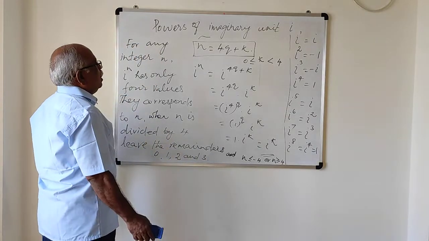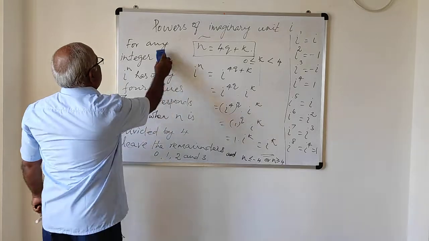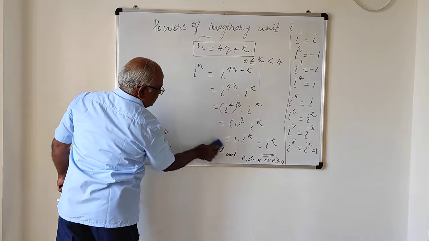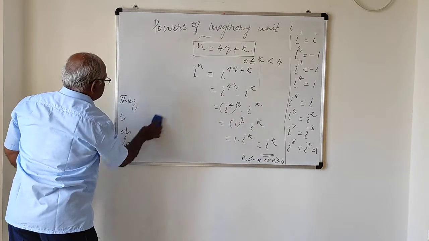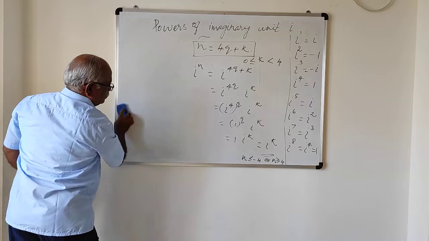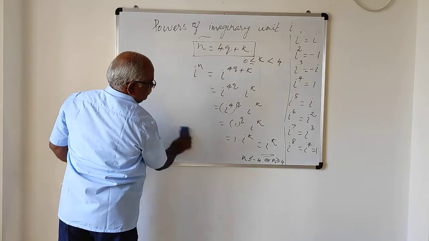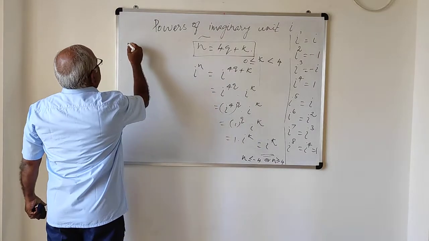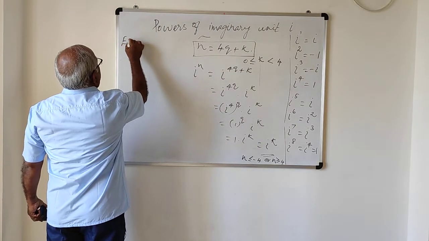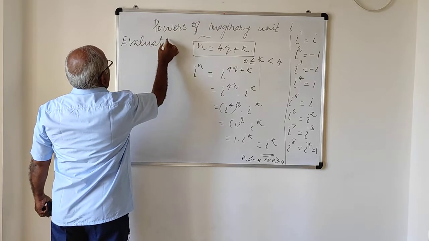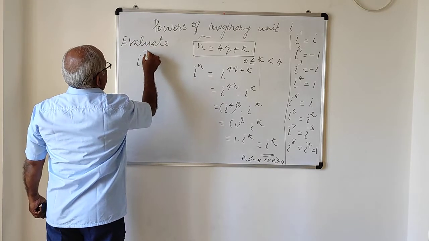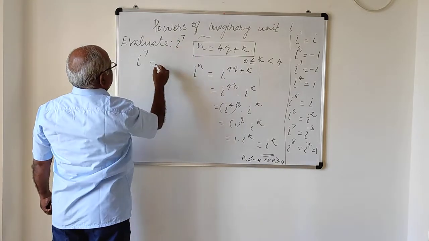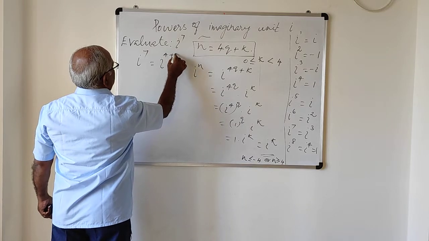Now, using this, I am going to solve some problems using this division algorithm. For example, evaluate or find the value of i power 7. i power 7 is i power 4 plus 3, we can write it.